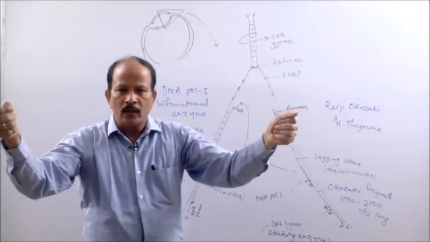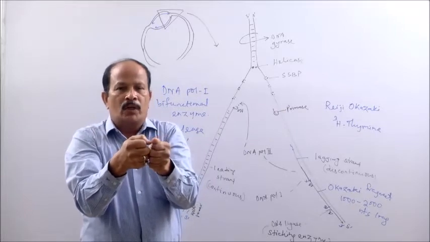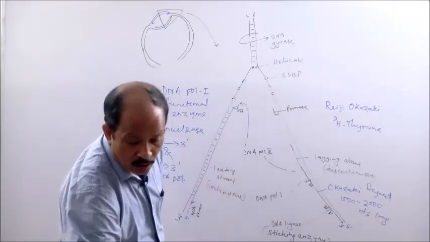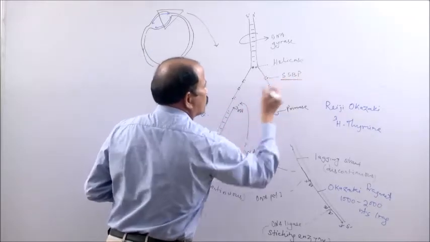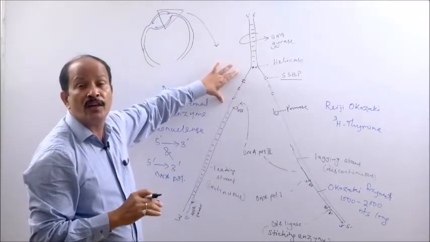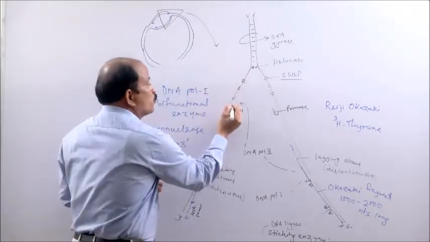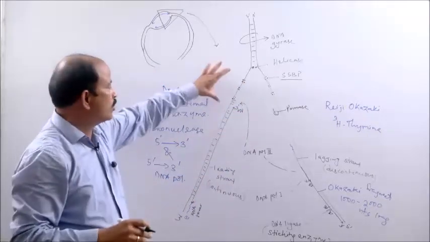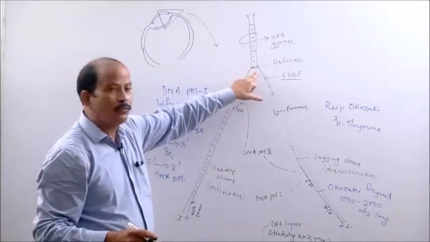If you are unwinding a rope, then again it may rewind, because its inherent force makes them rewind. Now, this thing is prevented by the single strand binding proteins, these are tetrameric proteins. These single strand binding proteins make the single strand stable, and allow its bases to be paired by the incoming nucleotides. So single strand binding proteins bind to the single strands available due to the action of helicase.